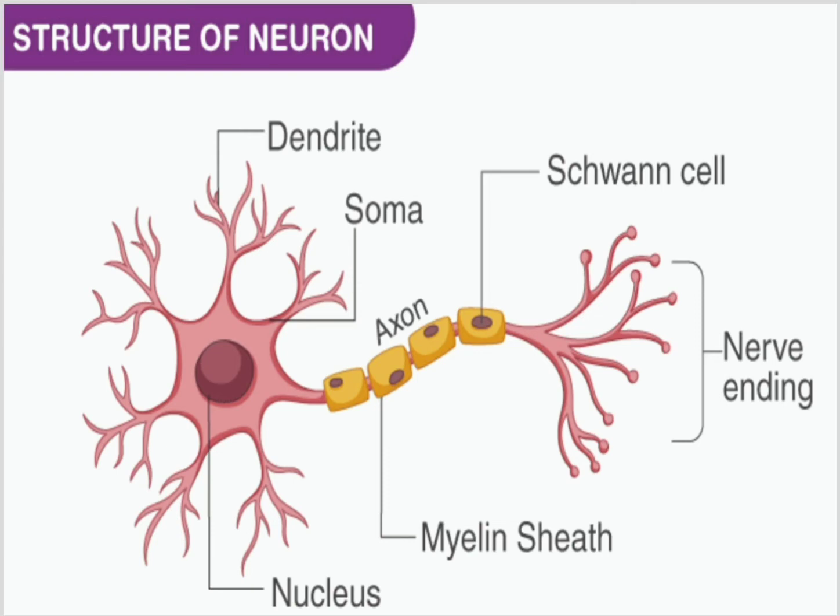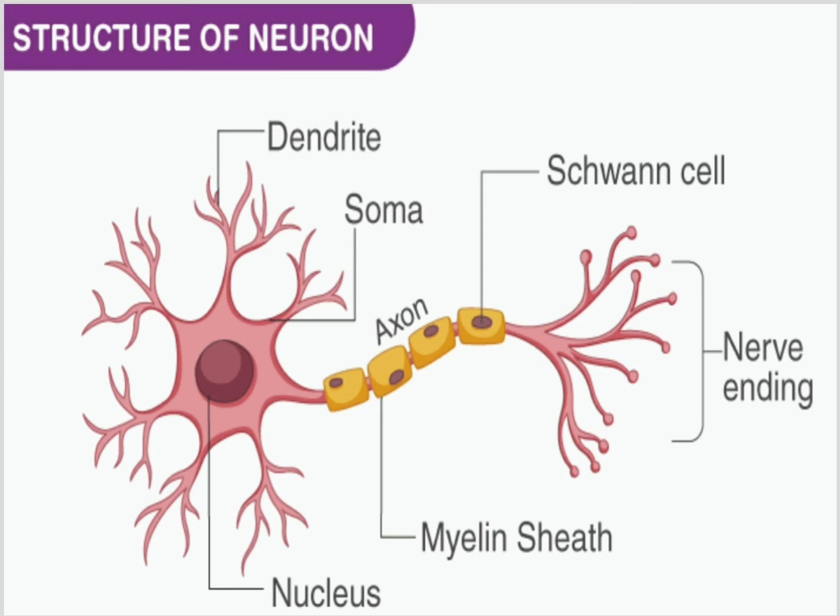Now the other parts of your nerve cells or neurons are the myelin sheath. The myelin sheath is a thin, transparent coating which is present between the axon and the axon terminal.